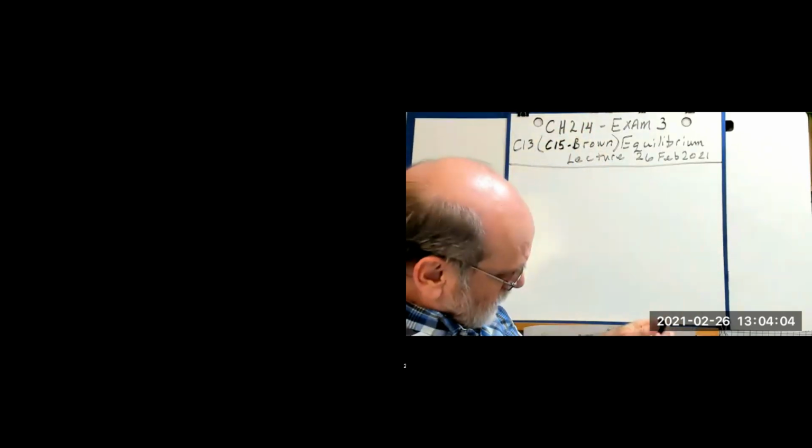All right, so chemical equilibrium in my New River textbook is chapter 13. The PowerPoint slides are based upon that. Chapter 15 in your textbook, Brown, covers the topics that we're going to look at today. All right, so we'll get started.